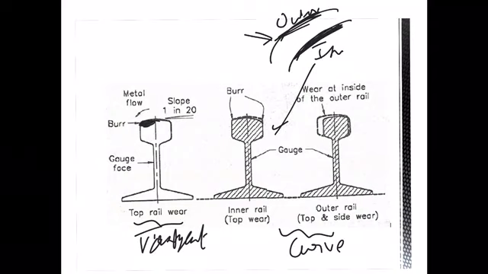As a result, wear occurs on the outer rail both on the top as well as on the sides, as you can see in the picture. So the outer rail is subjected to both vertical wear and lateral wear, whereas the inner rail is subjected only to vertical wear, or wear on the top of the rail.